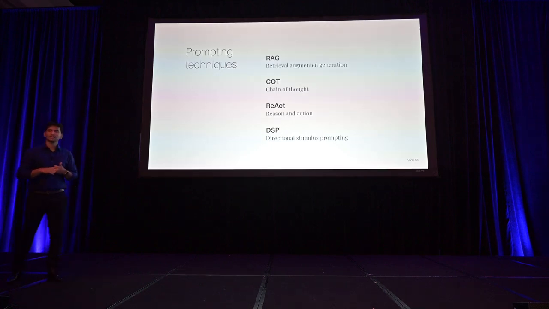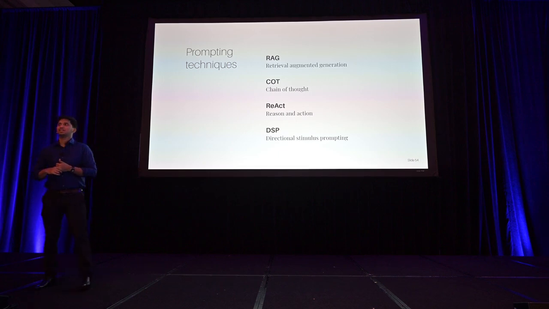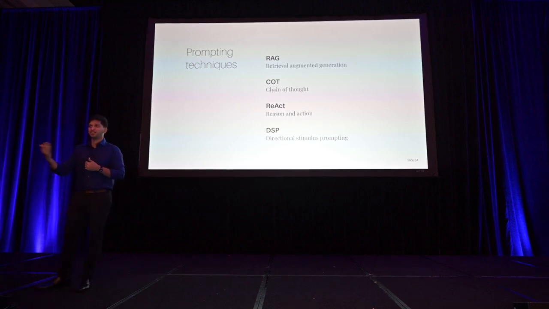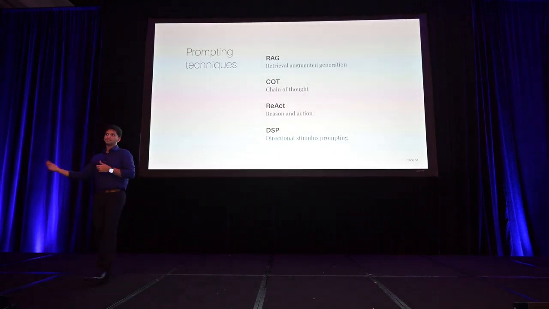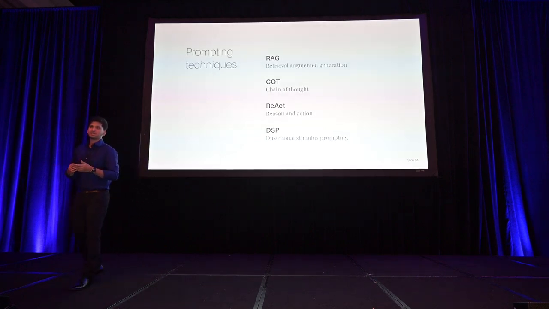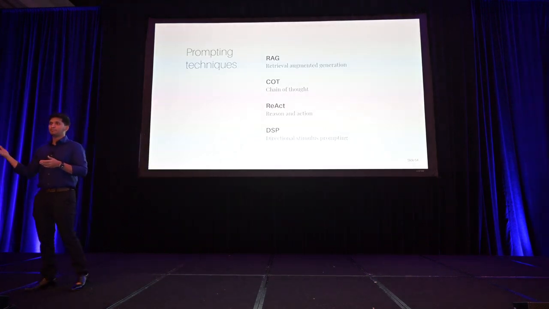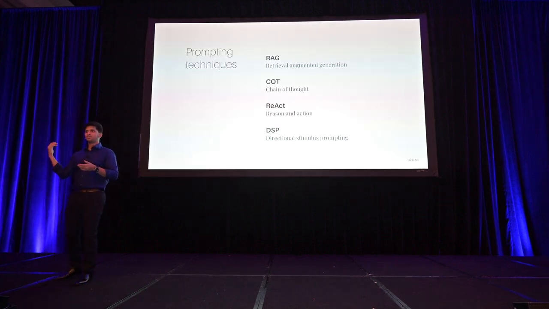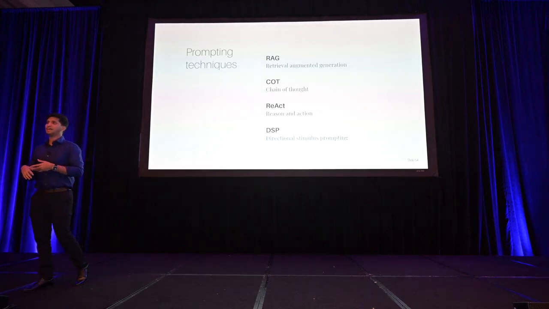Now, chain of thought is like teaching your kid on how to get to the task. For example, if I ask, hey, you have 7 oranges and let's say 4 apples, and then I've taken 1 apple away from you. Now, how many fruits do you have? And the answer should be 10.